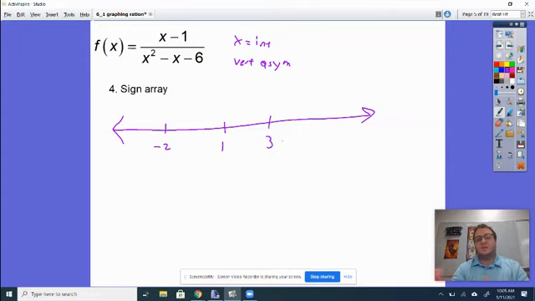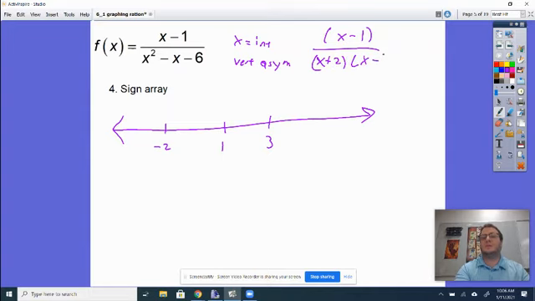Then for each of these areas, I'm going to ask what really is going on there. Let's think about this: x minus 1, x plus 2, x minus 3.